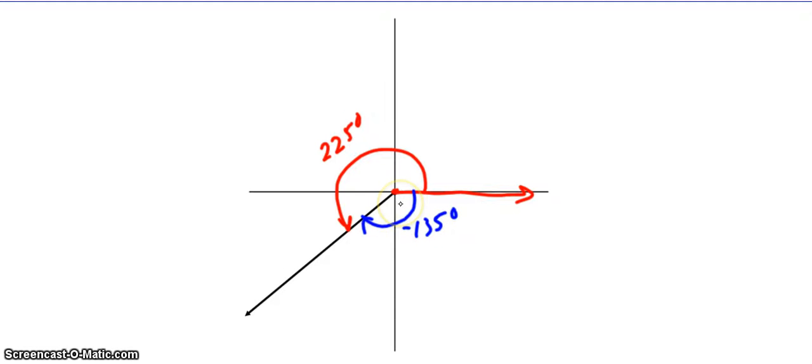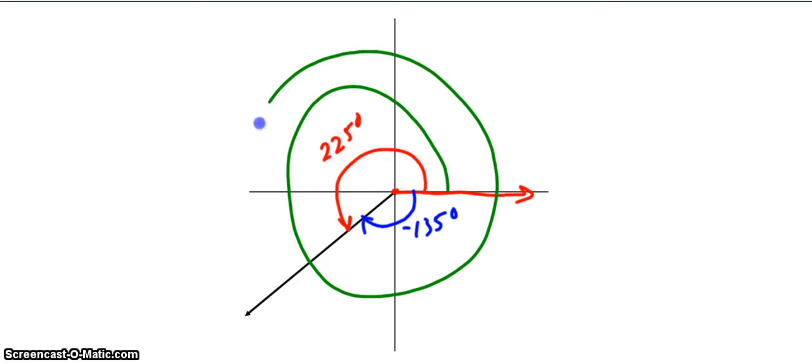These are coterminal angles. What are other examples? Well, we could take the same initial angle and do an extra spin. Now this is going to be 585 degrees.